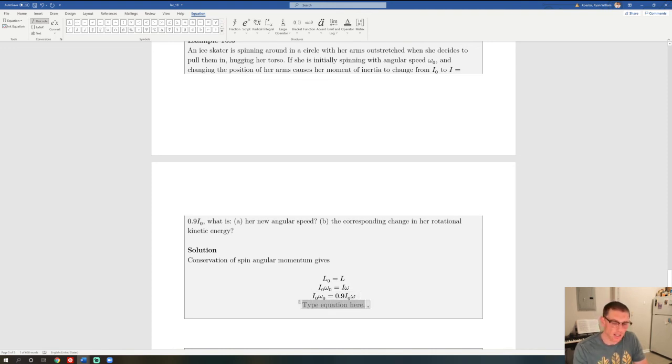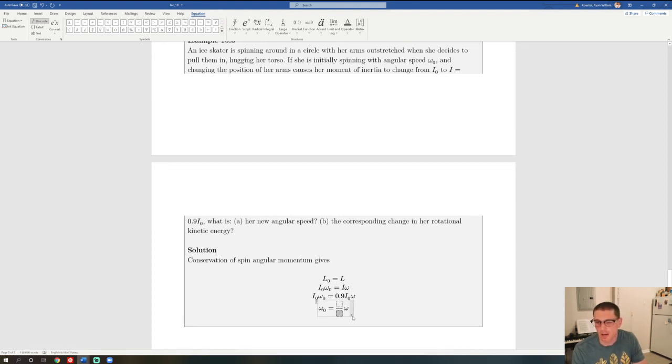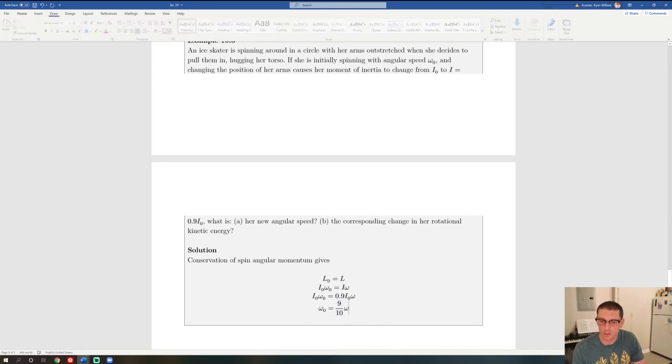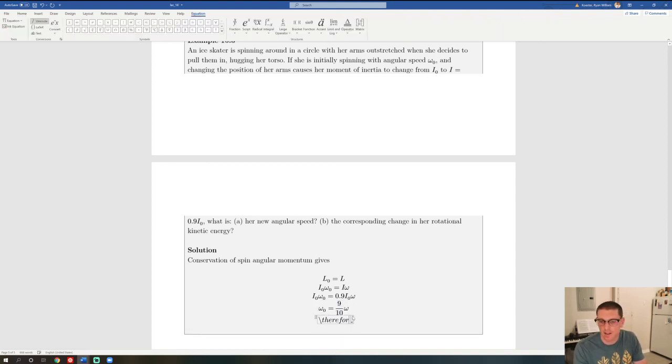And we find that omega naught equals 0.9 times omega, right? And remember that this is just, if you want to write this as a fraction, 9/10. So we find that changing how she holds her arms can increase her angular speed by a factor of 10/9 times omega naught, right?